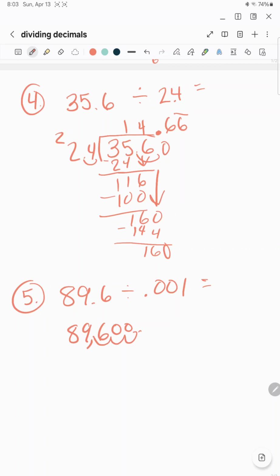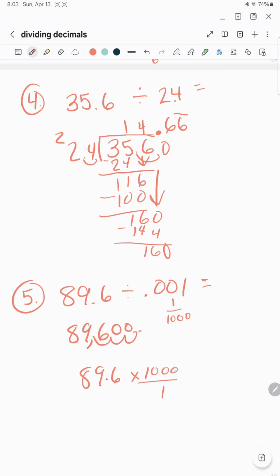89,600. If we think about this, let's think about it as keep, change, flip. We would keep this one, flip the sign, and if we flip this, this is really equivalent to 1 over 1,000, correct? If we flip that, it'd be 1,000 over 1.